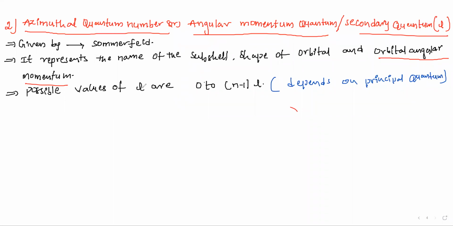For example, if L is equal to 0, that is S subshell. If L is equal to 1, that is P subshell.